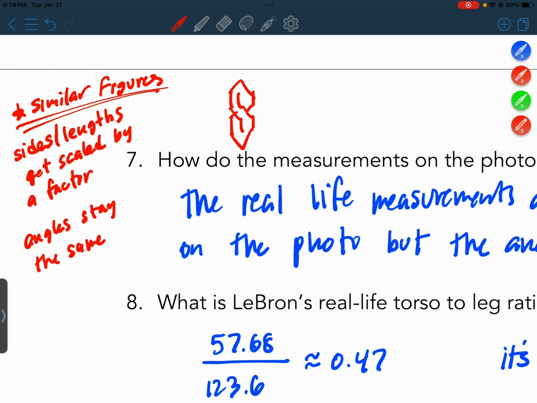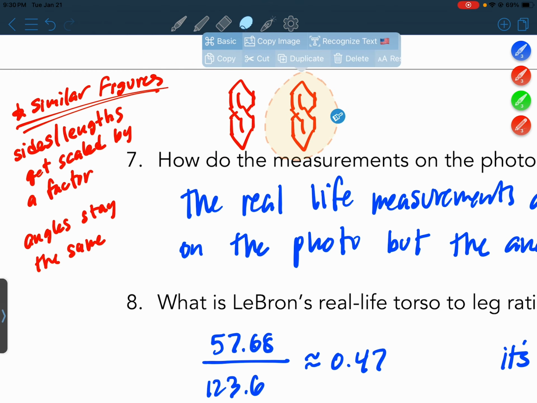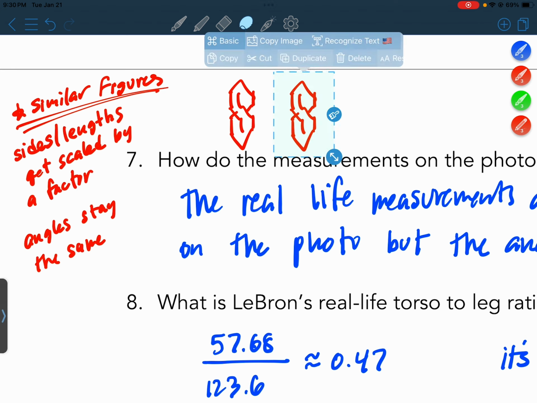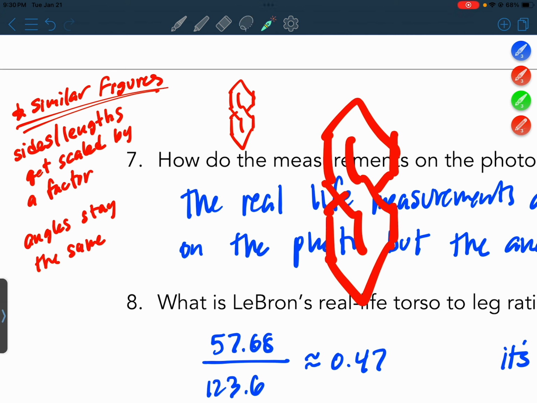Right, that S. So I can take this shape and then I can resize it. So all the sides of this shape got longer by the same factor. I don't know if it's double or triple or whatever, but they all got longer by the same factor. The angles stayed the same, okay? So this angle here at the top is the same angle right there.